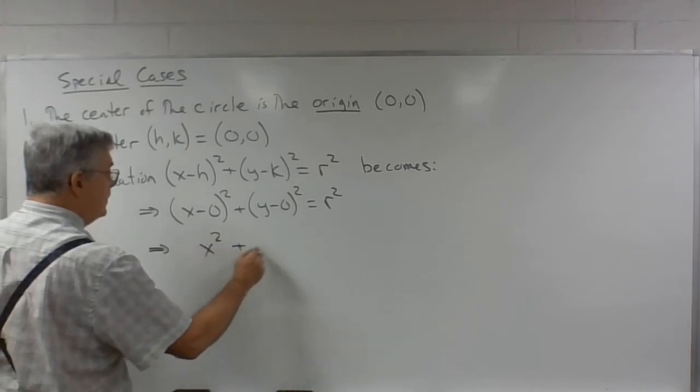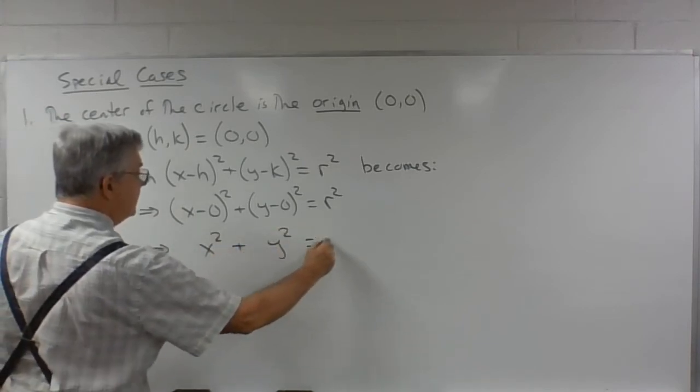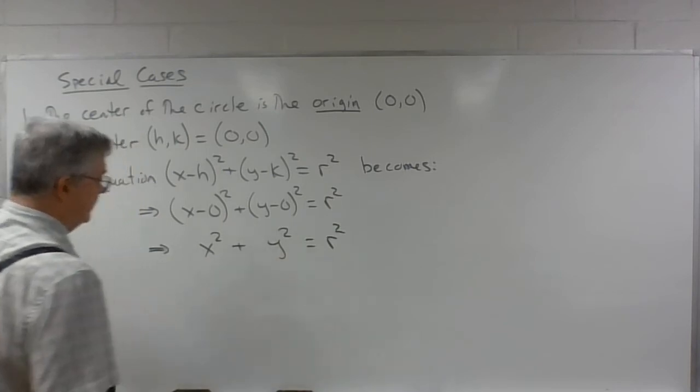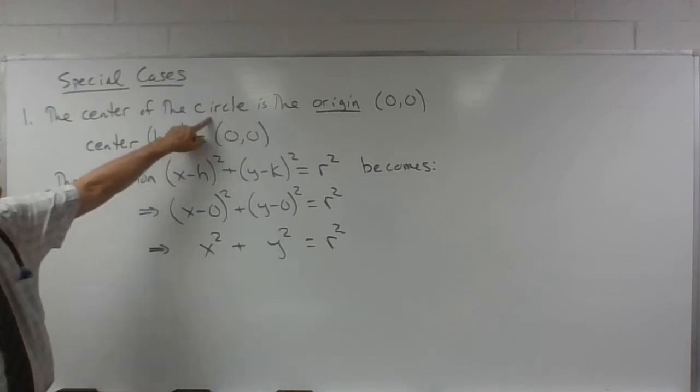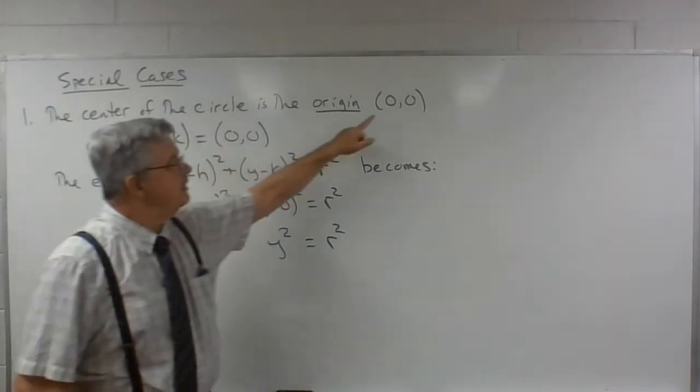So we get x² + y² = r². And what is this? It's a circle whose center is the origin.